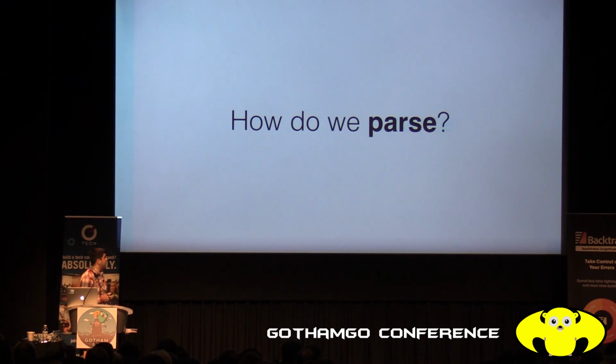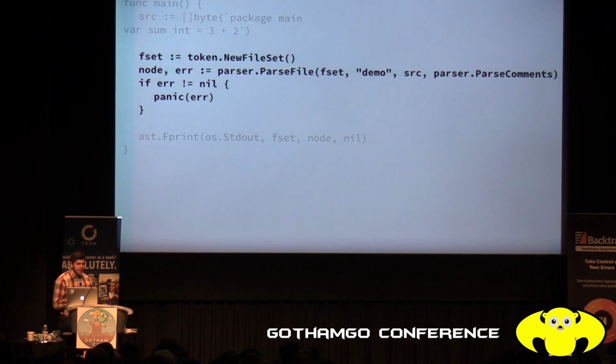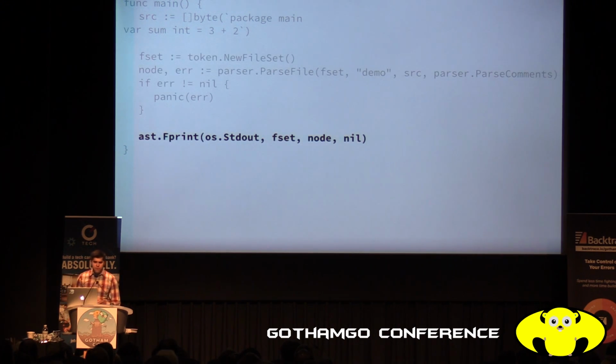So how do we parse? Here is another example. I defined a very simple source. Then I say, use this fake file, parse it and give me back the node. This is of type ast.File, by the way, because we are parsing a file. Finally, we are printing it to the standard output.